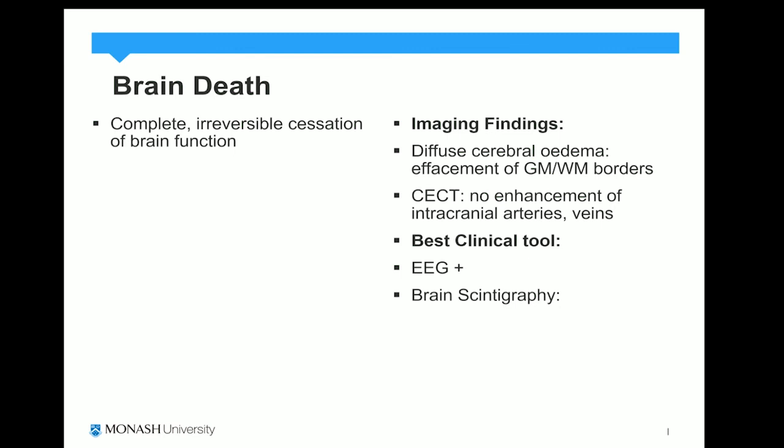If they do a CT scan, the imaging findings would show severe and diffuse cerebral edema, as well as effacement of the grey matter, white matter borders, as we've seen in the previous case. In a contrast enhanced scan, there'll be no enhancement of intracranial arteries or veins, but as I mentioned, the best clinical tool will be your EEG plus a brain scintigraphy. EEG is electroencephalogram.